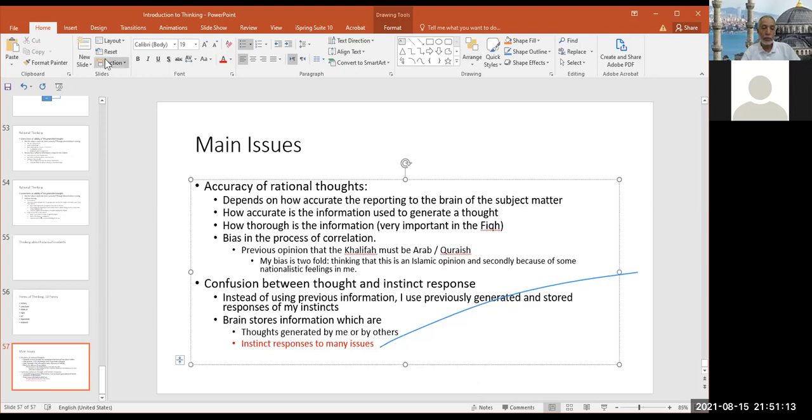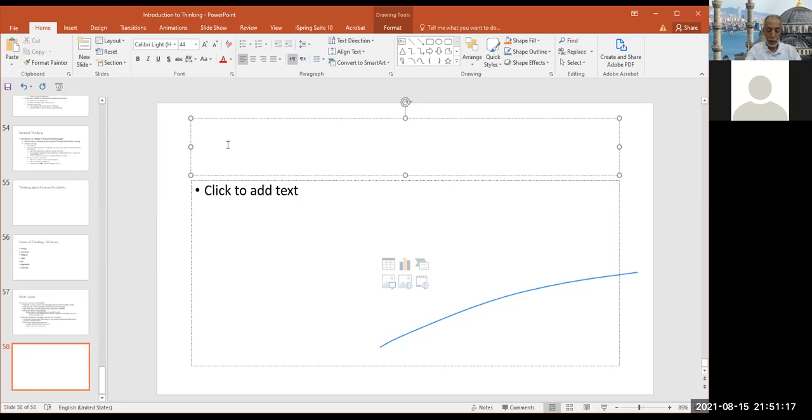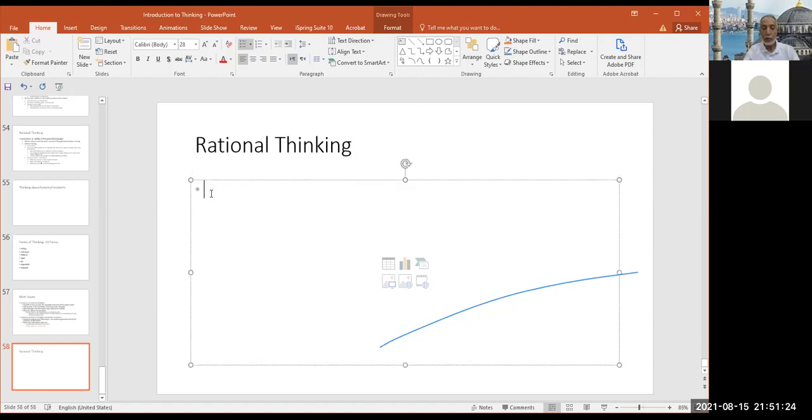So these are the main issues here. So in conclusion, we'll say the rational, number one, it applies to all types of thinking.